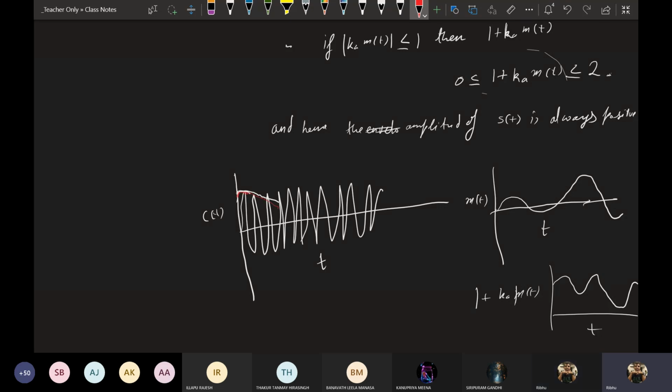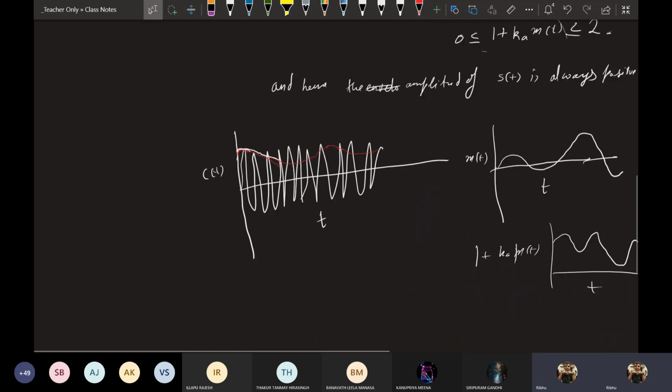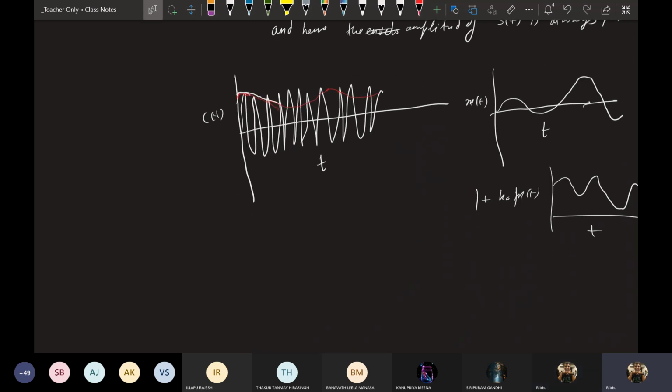So this gives you the envelope of the modulated signal.